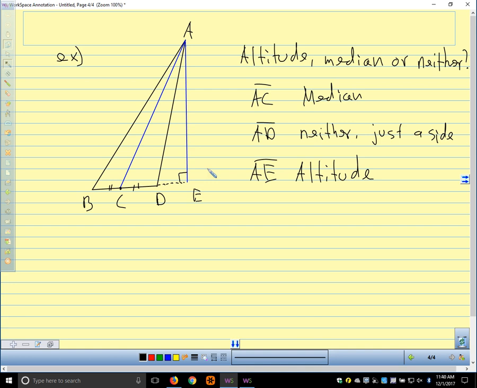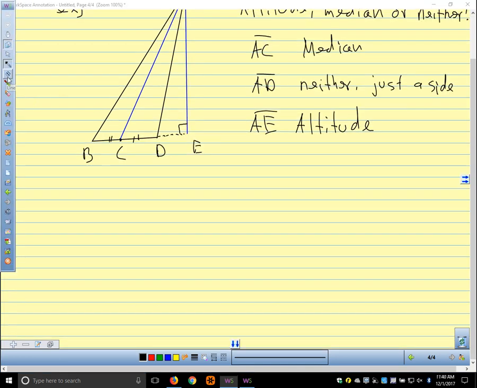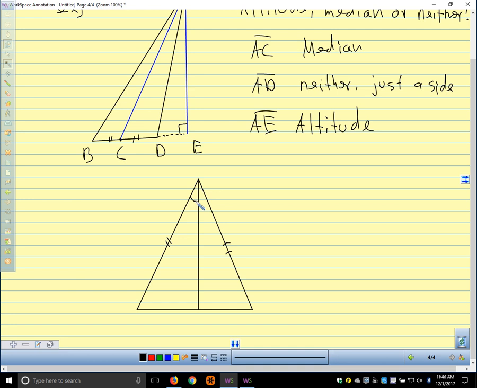Anyone want to take a guess? How about an isosceles triangle? So if we have a triangle with two sides the same, like so. Didn't we say that if we bisected this vertex angle, that segment was the perpendicular bisector of the base?